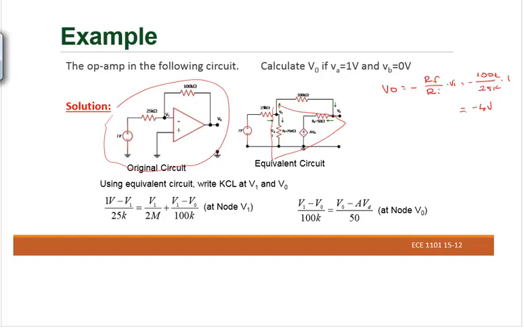In this case, we're going to write two KCL equations, one at this node and one at this node.